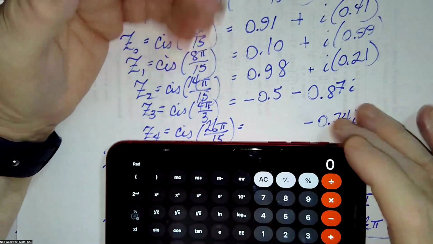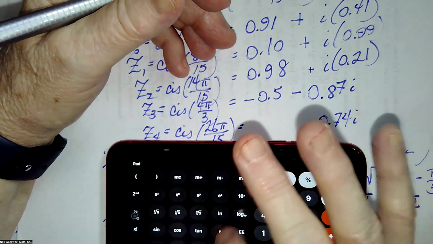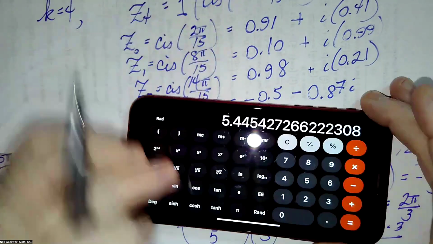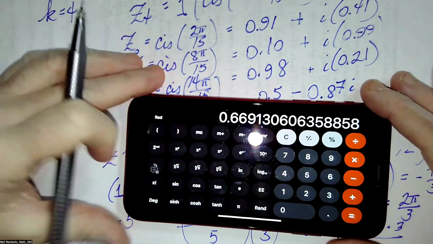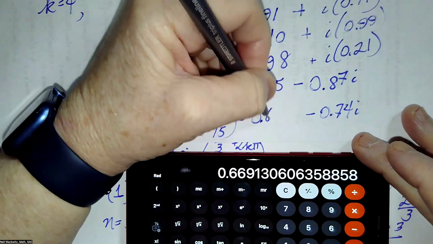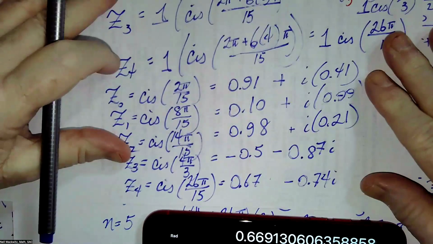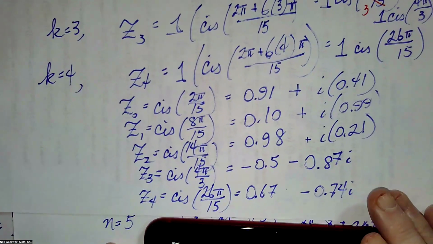So we have 26 times pi divided by 15. Cosine is 0.67. And these are our 4 answers.